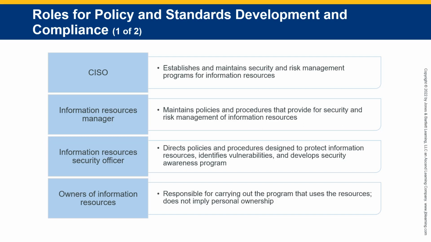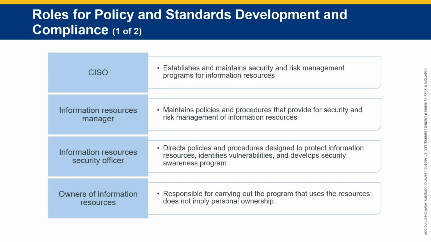Goals for policy and standards development and compliance. CISO establishes and maintains security and risk management programs for information resources. Information Resources Manager maintains policies and procedures that provide for security and risk management of information resources.